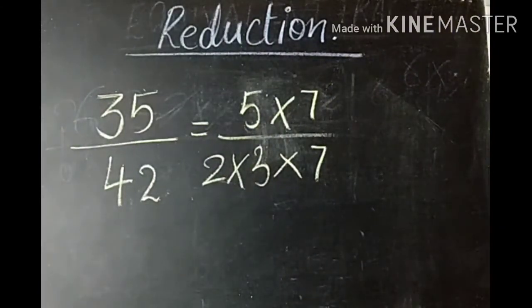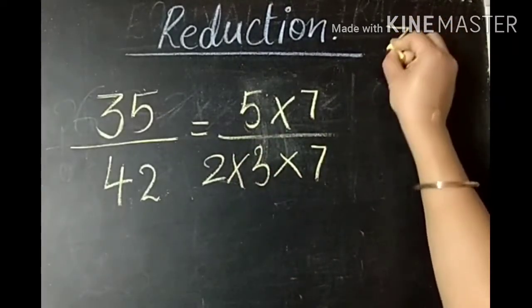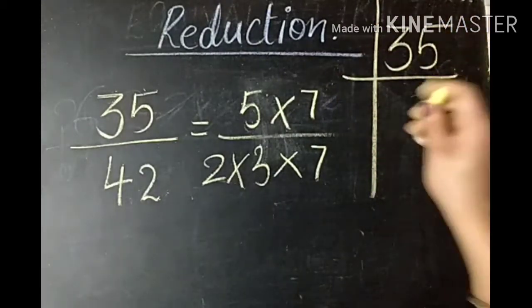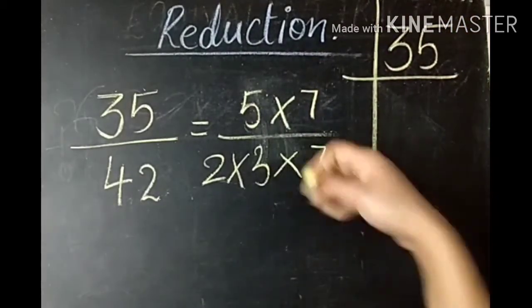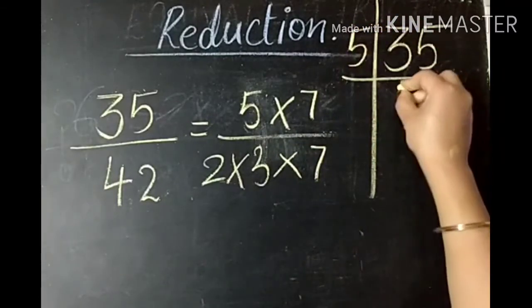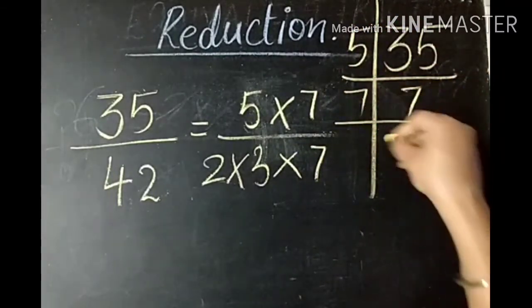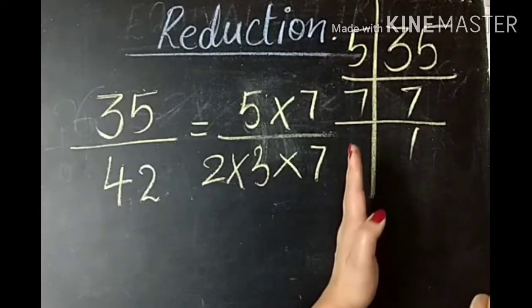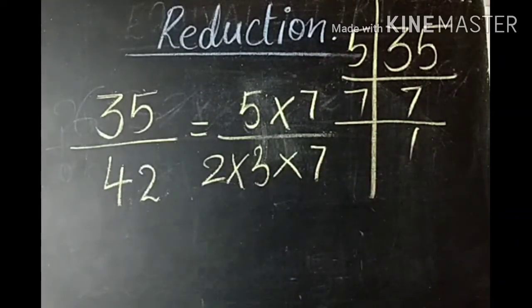As we discussed in the first question, we can also find the prime factors of 35 using the ladder method if we are not comfortable like this. 5 7s are 35 and 7 1s are 7. We'll get the same prime numbers. We can keep only the prime numbers over here.